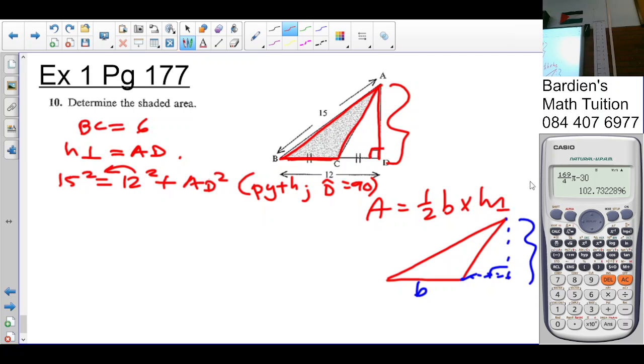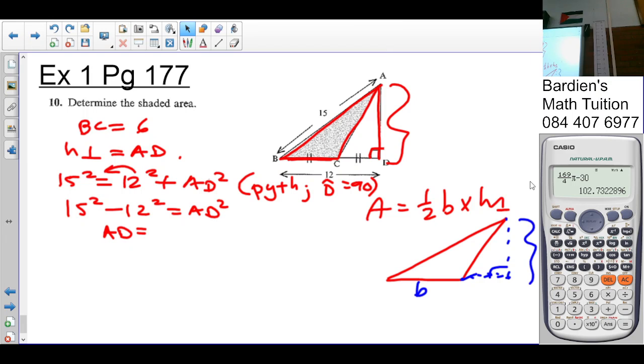Take it over. It's 15 squared minus 12 squared is equal to AD squared. So AD works out to be the square root of 15 squared minus 12 squared, which is 81. Square root of 81 is 9. So AD is going to be 9.